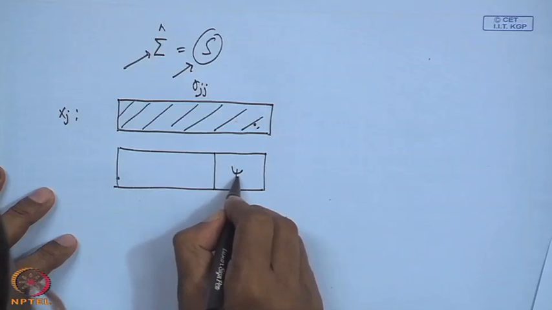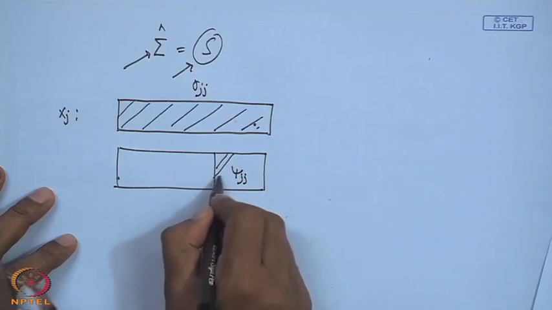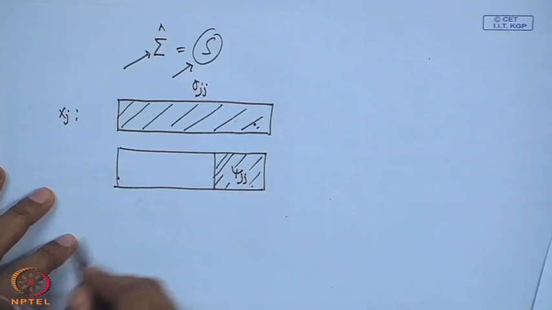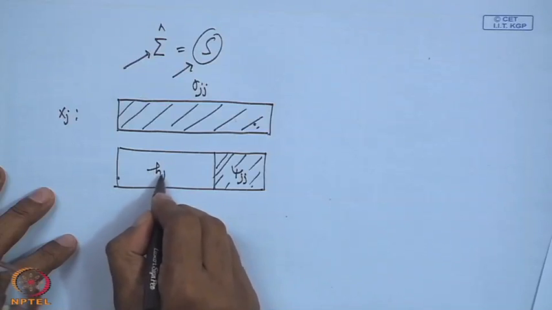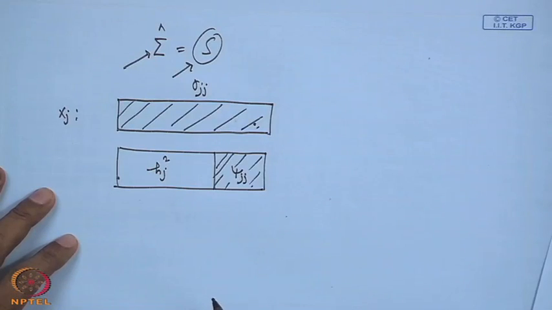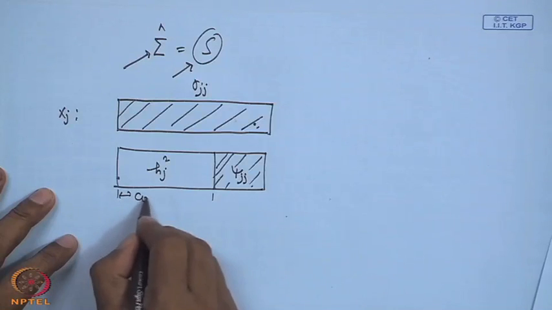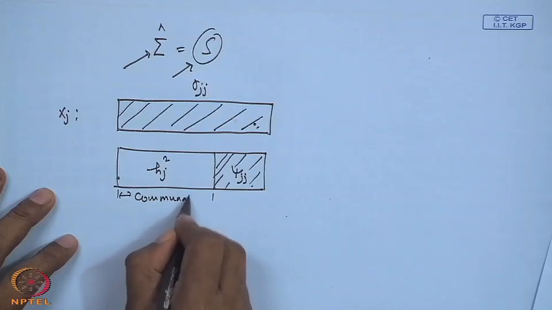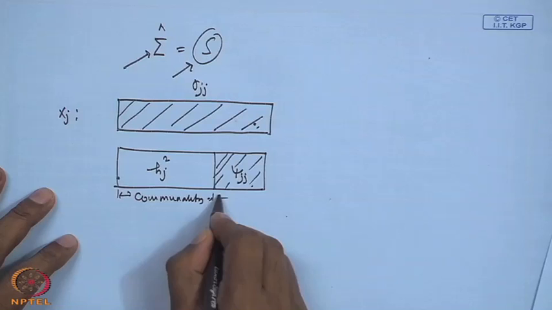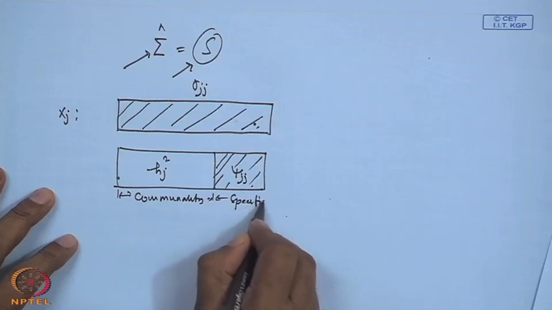One is psi jj, which is the unexplained or specific variance, and the other one is Hj square, which is the communality. This is your specific variance.